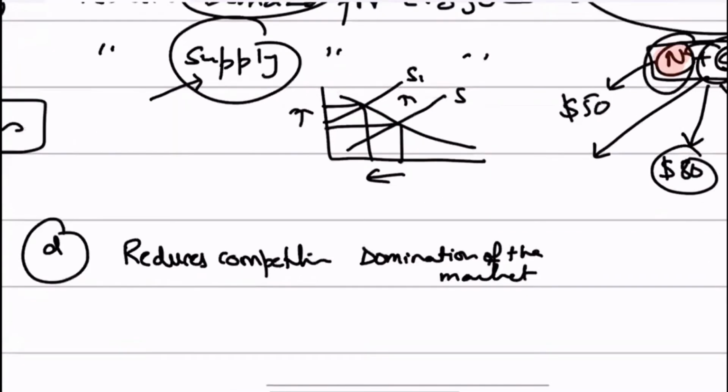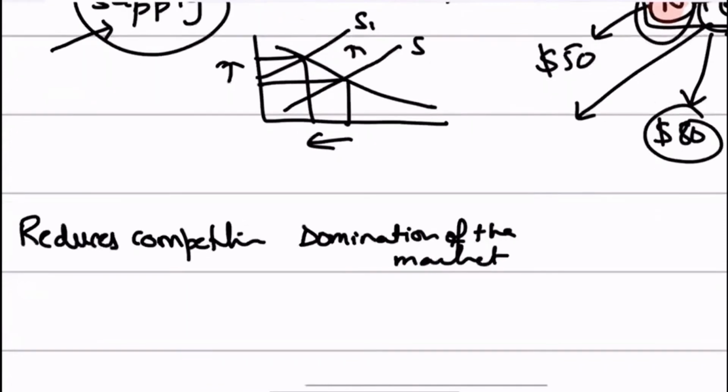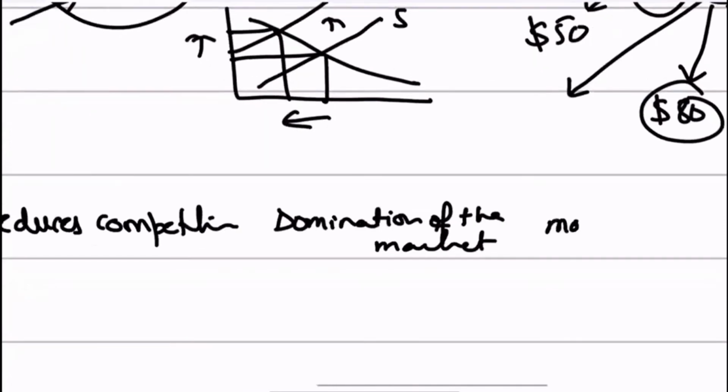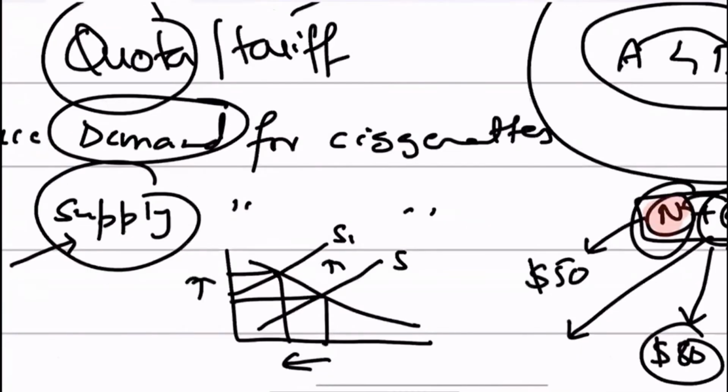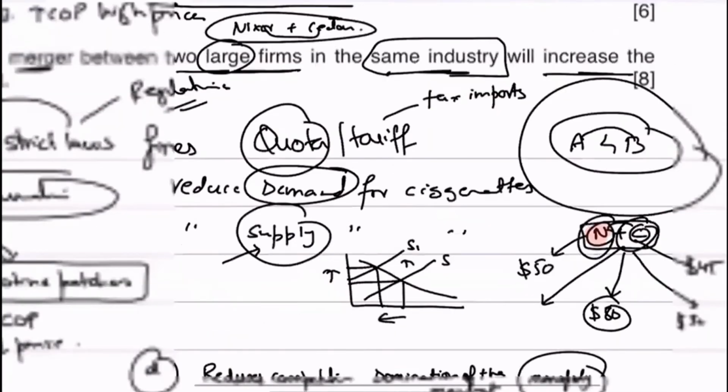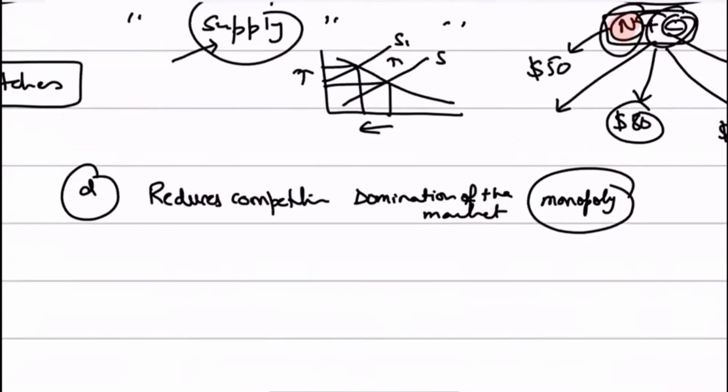If Nixer and Cedar merge together, two large organizations, and by the way, the question is giving you a hint as well, it says they are two large firms, right? Then obviously there is a chance of becoming a monopoly. Maybe, let's say, if City School and Beacon House merge together, they are two large organizations, so obviously that would give a monopoly element to it, and they would end up acting as monopolies.